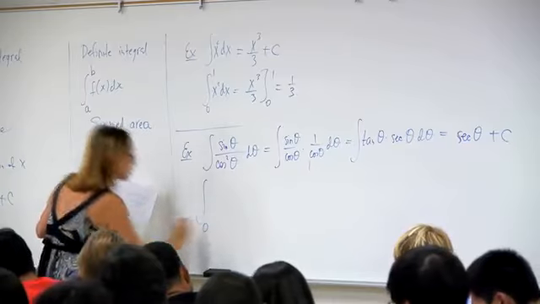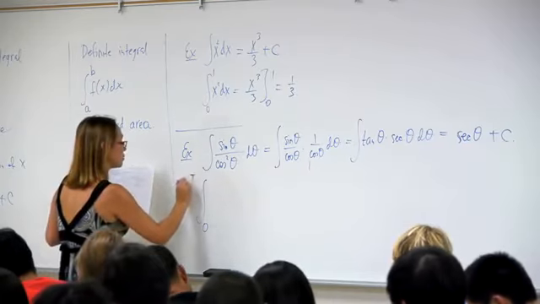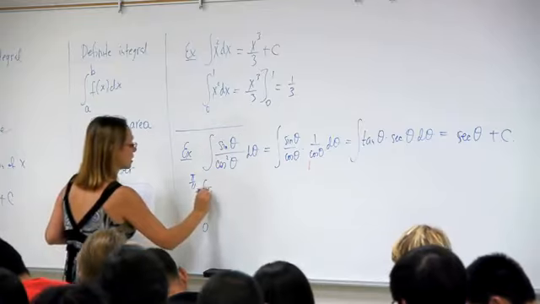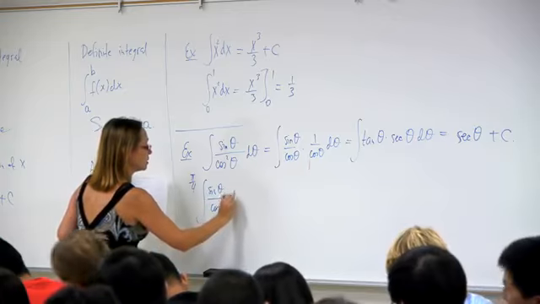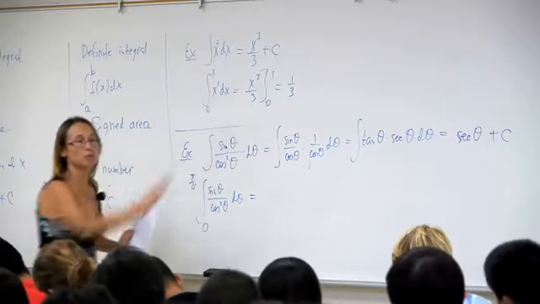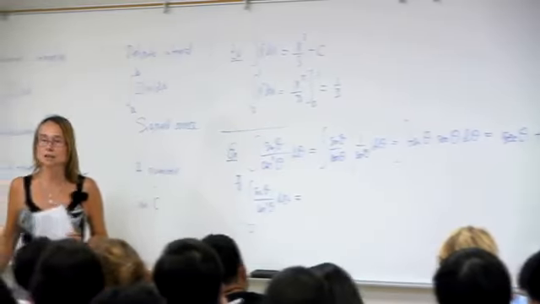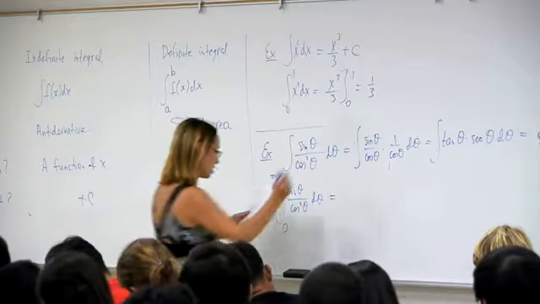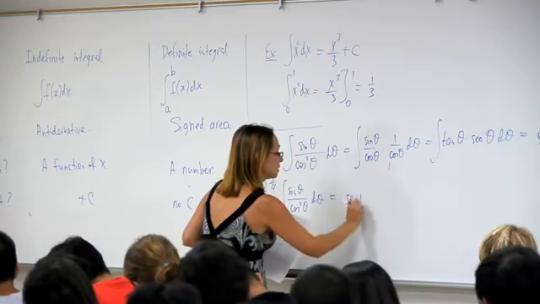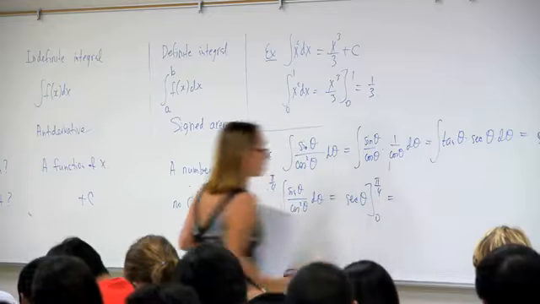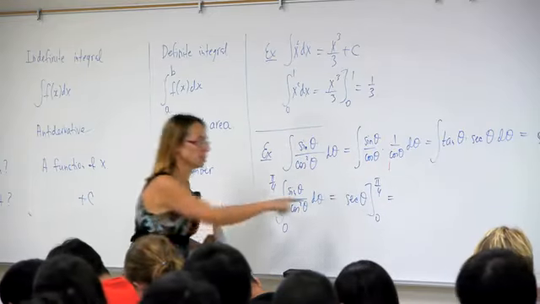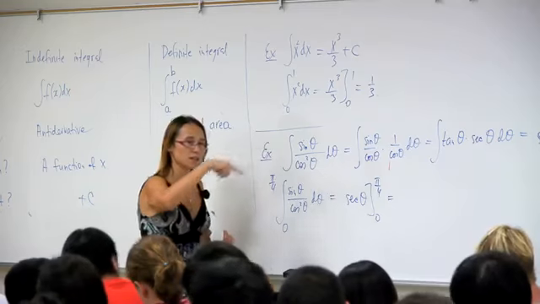Now, to do the same thing from 0 to pi over 4, sine theta over cos squared theta d theta, all I need to do is use the antiderivative that I just found. So I put down secant theta from 0 to pi over 4. Okay? So what's the cosine of pi over 4?